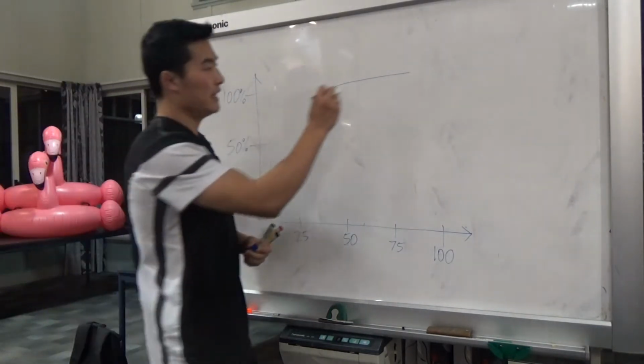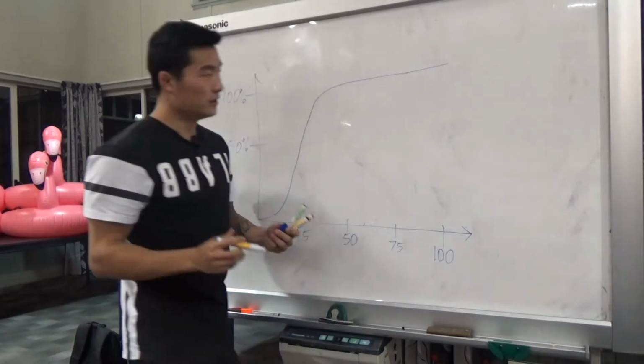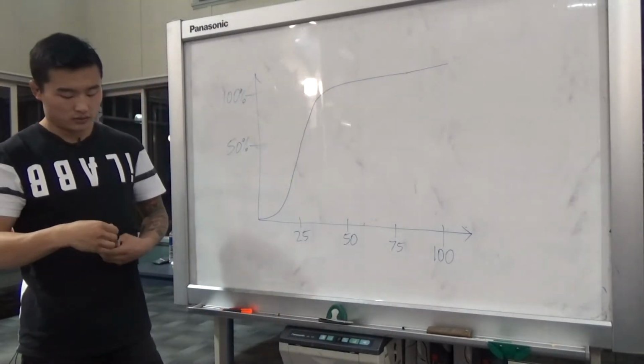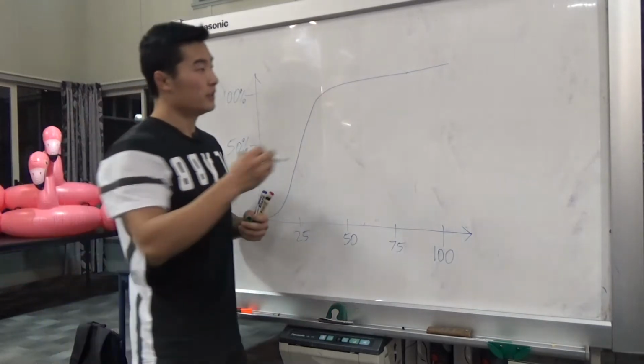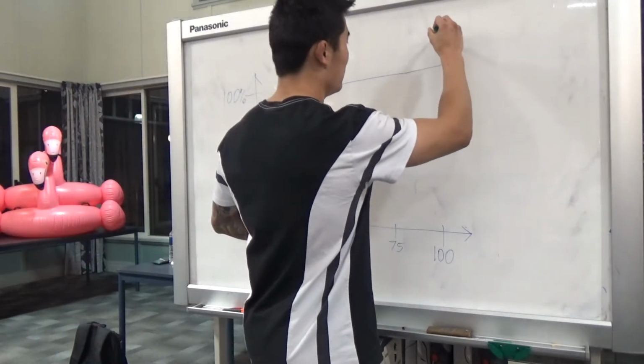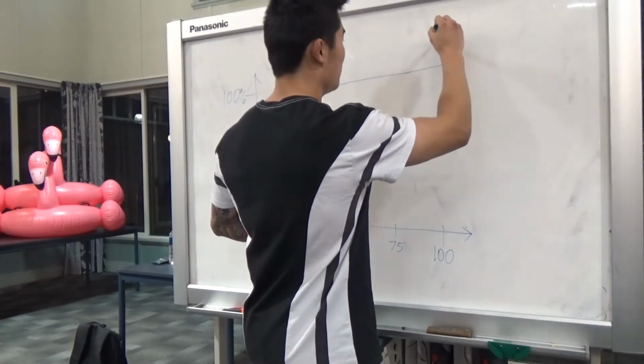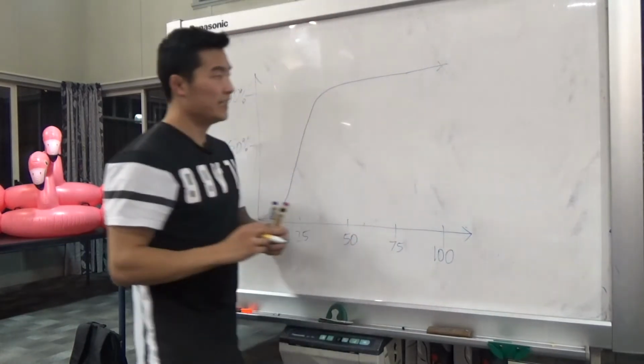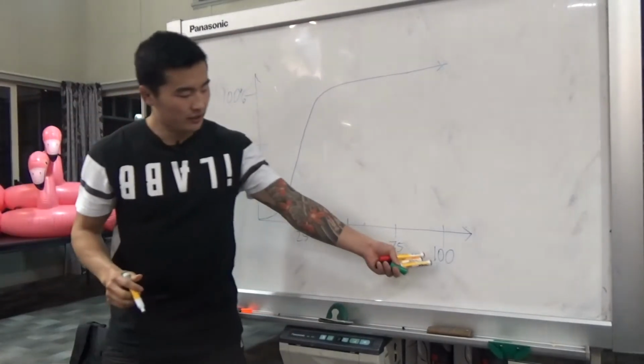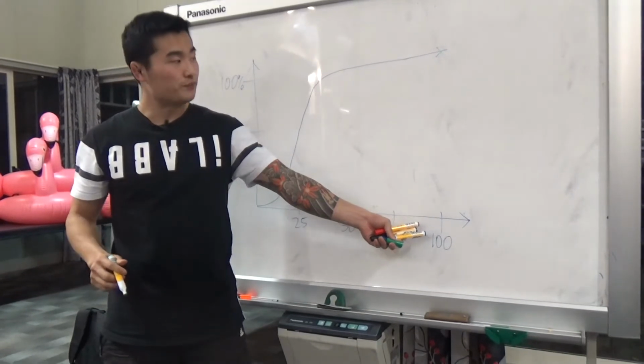Normally at sea level, your arterial blood is going to be 100 millimeters of mercury, right?